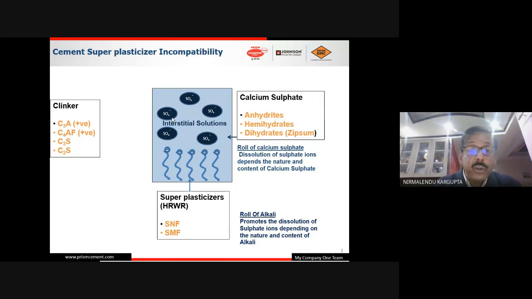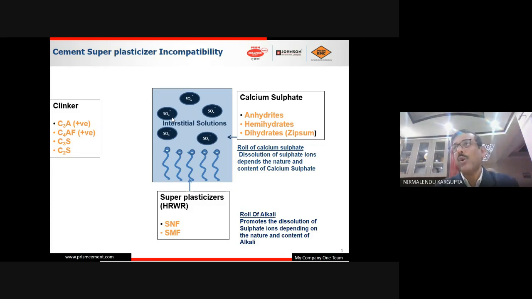So your dissolution rate of sulfate is a very important aspect. It comes from two factors: what polymorph you have used, and what kind of alkali content you have used. So it is a cement researcher's work. I do not know; Sahu Saab is there.